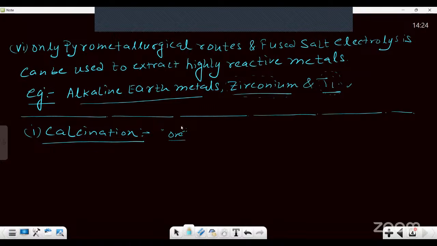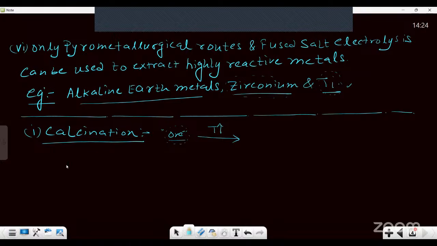Why? Because all the ores are not that stable. There will be many ores, we will take an example just now. If I increase the temperature, this ore is going to break. Break means not physical breaking I'm talking about. It will decompose and eliminate the volatile product.